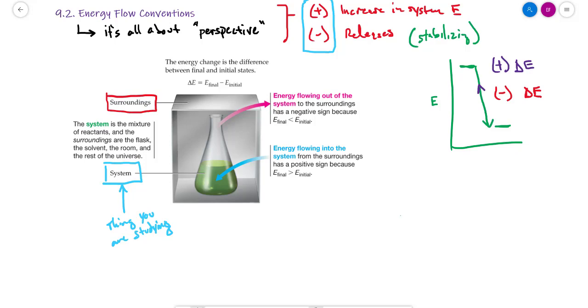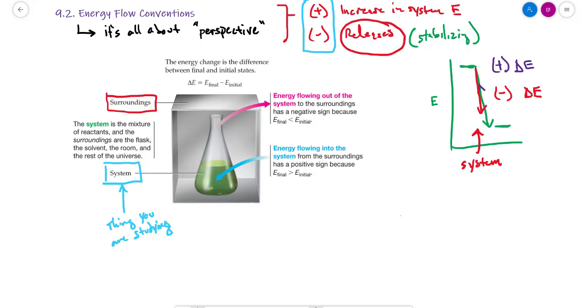And so when we're thinking about the direction of energy flow, if we're thinking about a negative direction, as indicated by the going downhill here, we're saying that the system is decreasing in energy. So this would be from the perspective of the system. And if the system is decreasing energy, that means there's a release of energy from the system as heat.